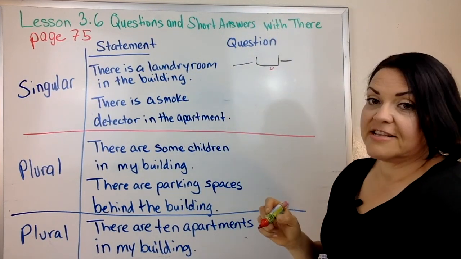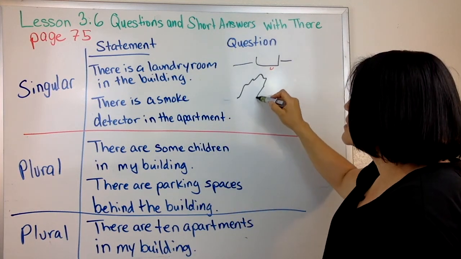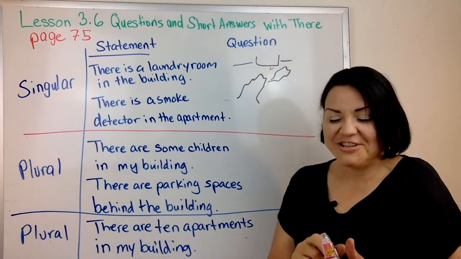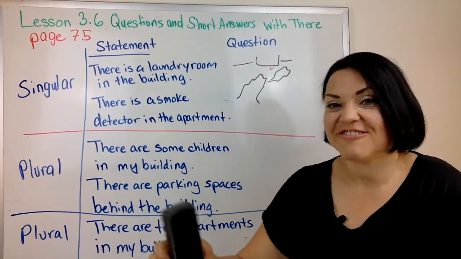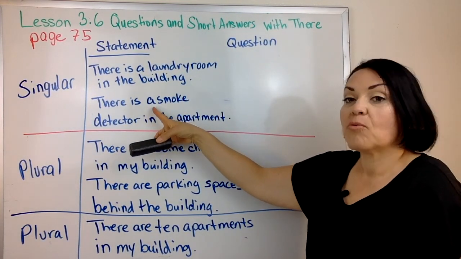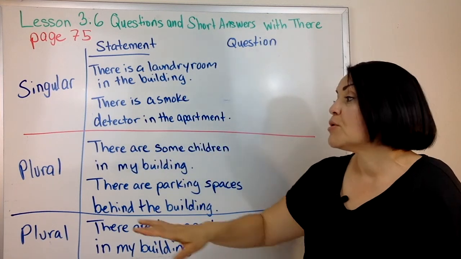And it's red. And when there's a fire and there's smoke going up, it goes beep, beep, beep, beep, beep, beep, beep. It lets you know that a fire went off. So that's the smoke detector. So there is one, a smoke detector in the apartment.